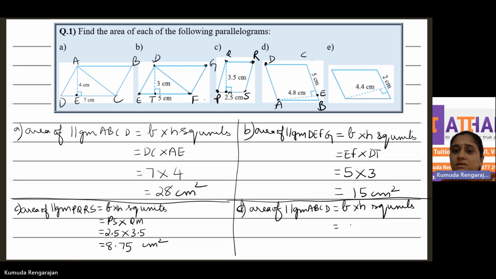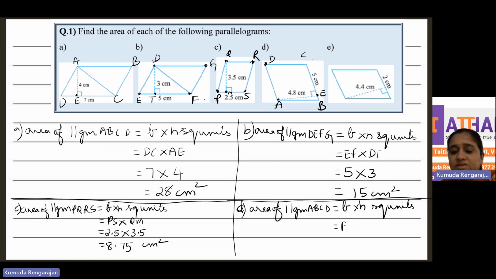No, that's not the base. Base is any side of the figure. Which are the sides of the figure? Navdeep, name all the 4 sides of the figure. Okay, so one of these 4 sides only should be the base. So BC is the base, correct?